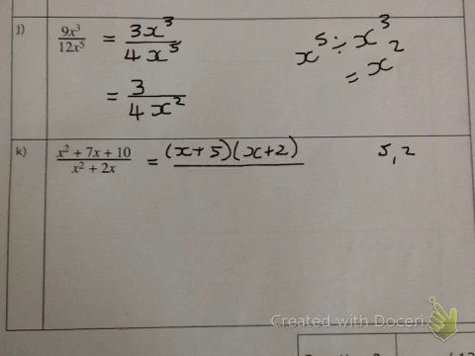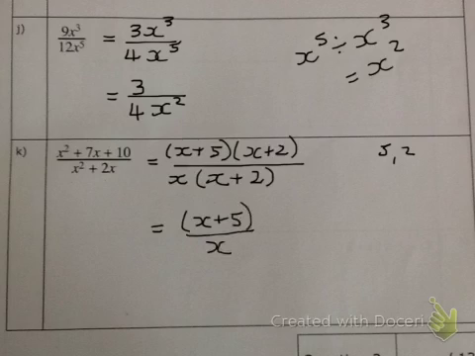And then on the bottom, I can see that I can take out a factor of x. So I'm going to take out a factor of x, and I'm going to write x times x is x squared, x times 2 is 2x. Now when I look at that, I see that I can divide the top and bottom of this fraction by x plus 2.